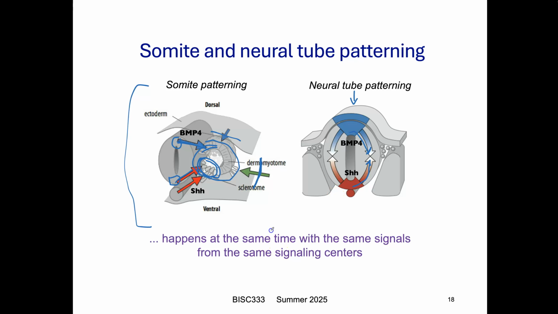So it's happening at the same time, via the same kinds of signaling from the same sources. Okay, so we've talked about these in two separate lectures, but they are similar and connected.